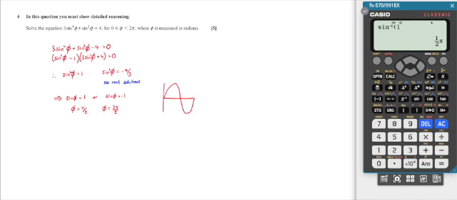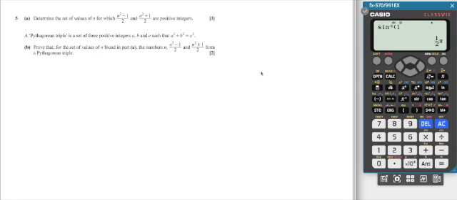So, what have we got? We're going to question 5. This is a horrible looking proof question. Determine the set of values of n for which n squared minus 1 over 2 and n squared plus 1 over 2 are positive integers. Right, they've got to be integers. So we're dividing them by 2 and getting positive integers.